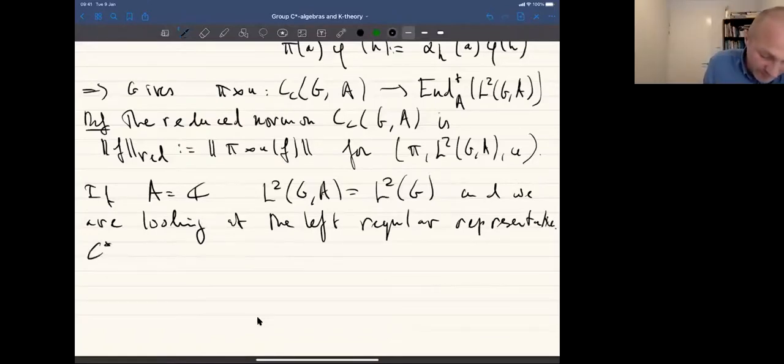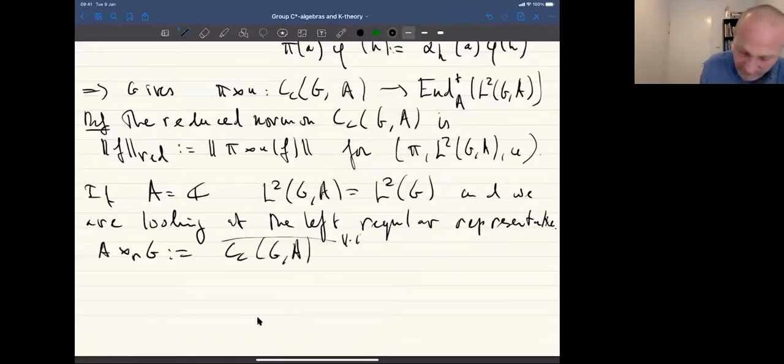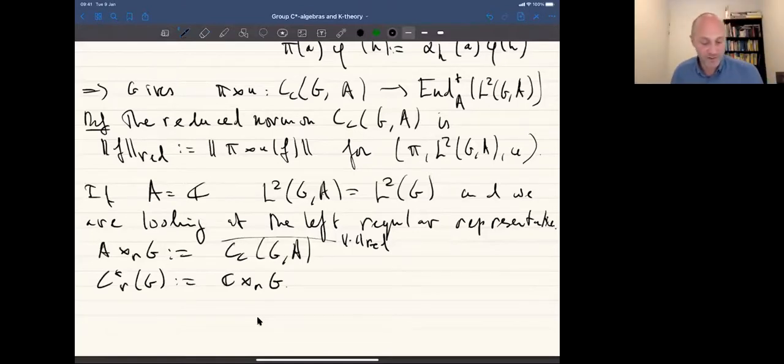And we say that the reduced cross product A reduced G is by definition the closure of C_c(G,A) in this reduced norm, and C-star reduced G is by definition the reduced cross product of G with C.